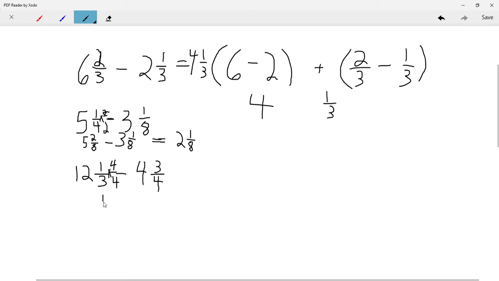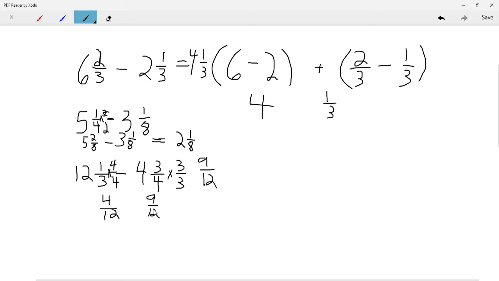So 1/3 is 4/12, and I'm going to have to multiply this one by 3 over 3, so 3 times 3 is 9, 4 times 3 is 12, so that is going to be 9/12.